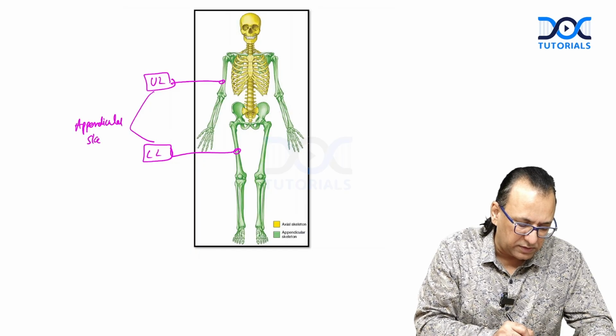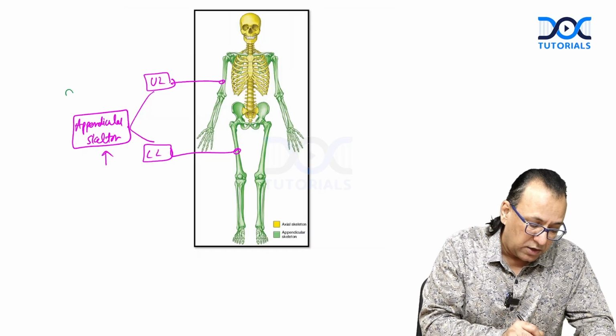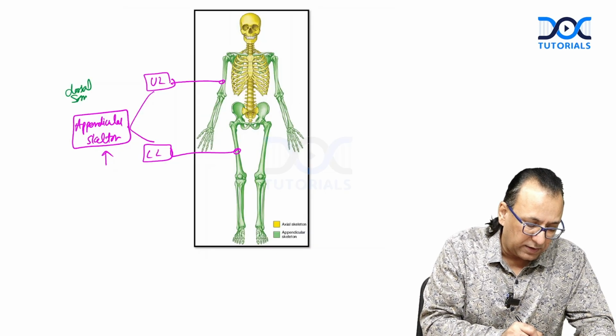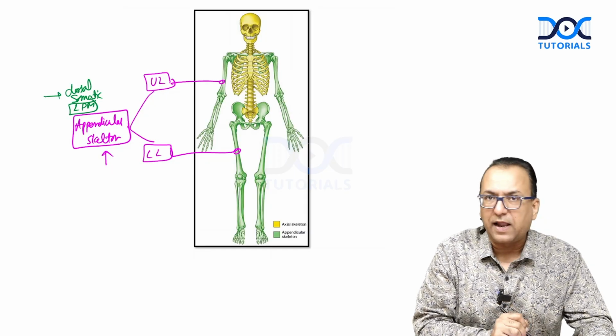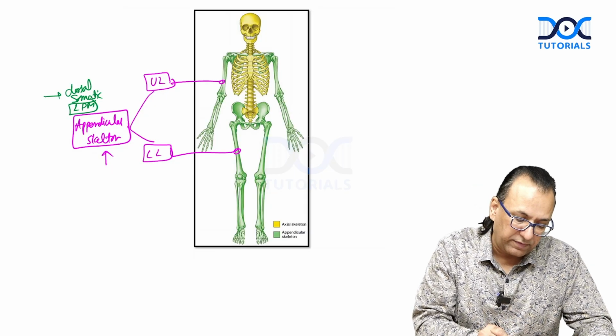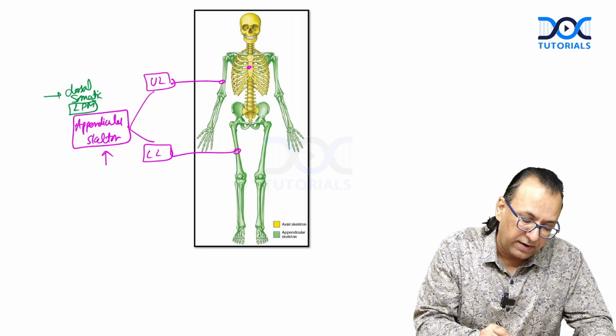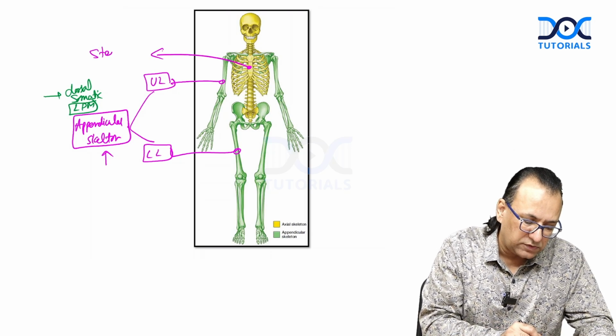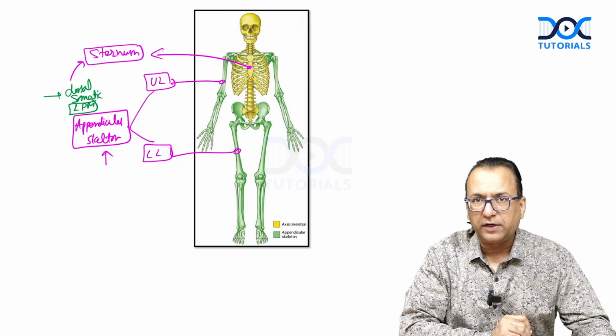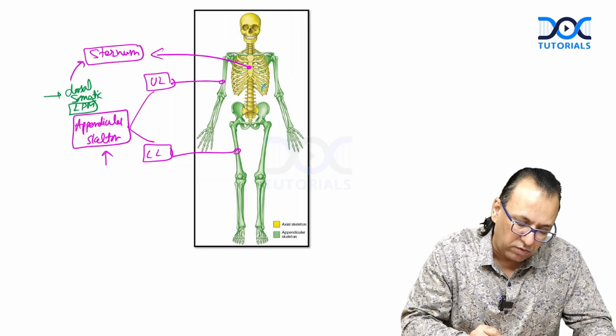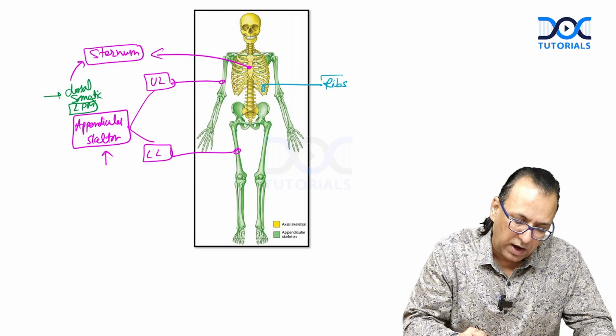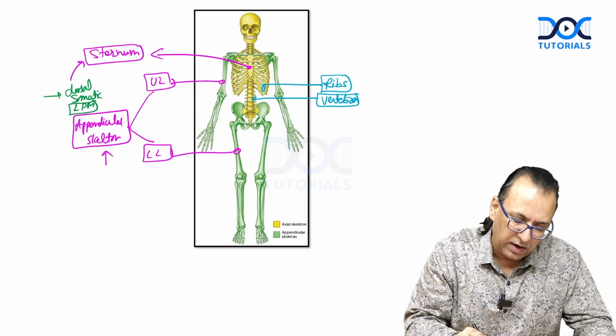So this appendicular skeleton is coming from the dorsal somatic lateral plate mesoderm, and this dorsal somatic lateral plate mesoderm is also giving us the sternum. Whereas if we talk about the ribs or the vertebra, where are they coming from?